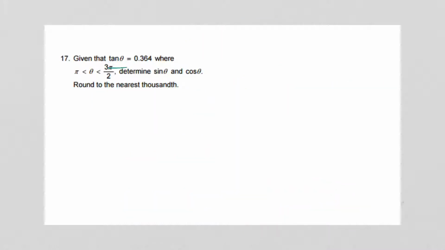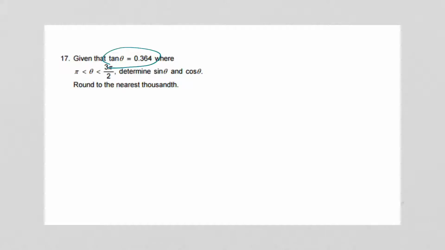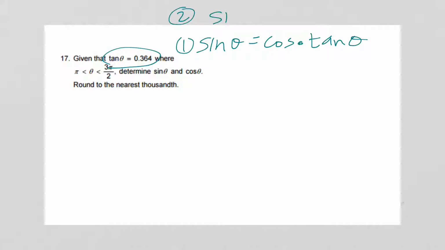This one is now tangent. This one's tricky. Okay, this one's the trickiest one. This one's the one where you need to know sine theta is equal to cosine theta times tan theta. And you need to know the other identity, sine squared theta plus cosine squared theta is equal to 1.